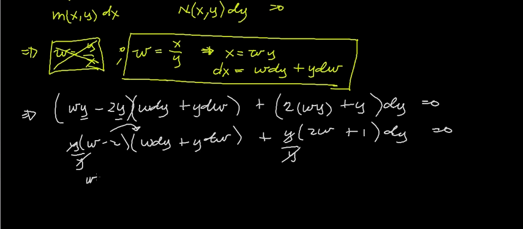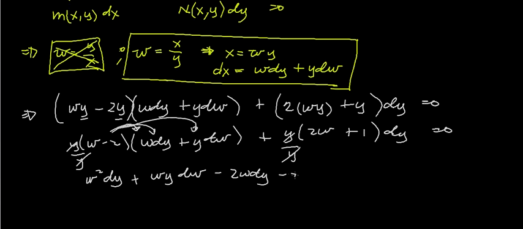So we have w squared dy plus wy dw, minus 2w dy, minus 2y dw. What else?